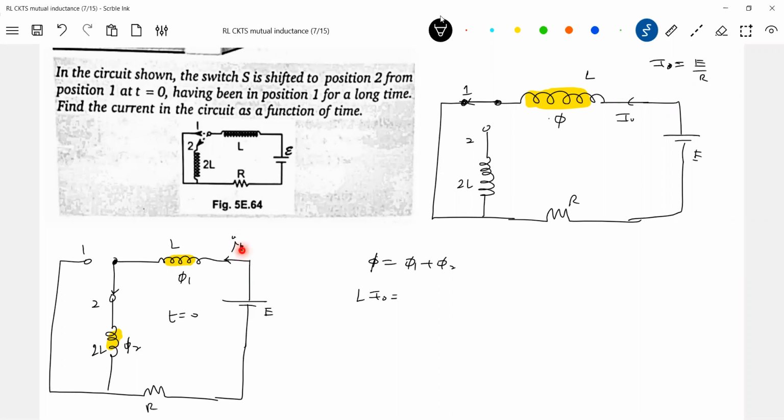Okay, I1. So this should be equal to how much? The flux linking: L into I naught is equal to L into I1 plus 2L into I1. L gets cancelled. So therefore I1 should be equal to I naught by 3, or E by 3R. So this much current will be flowing initially.